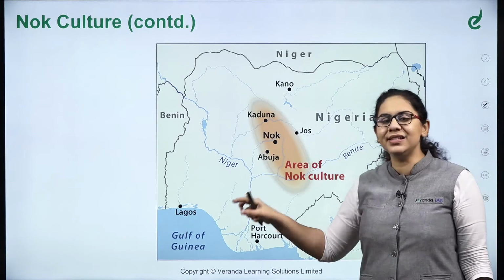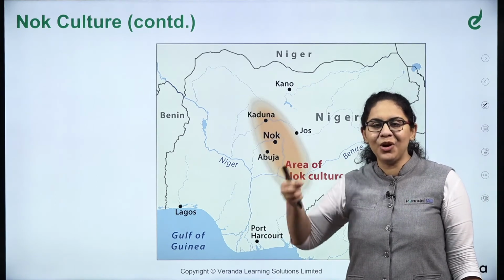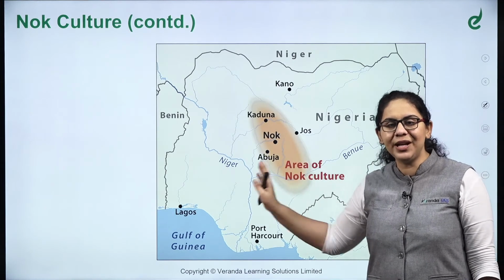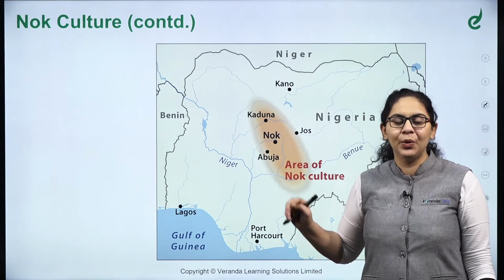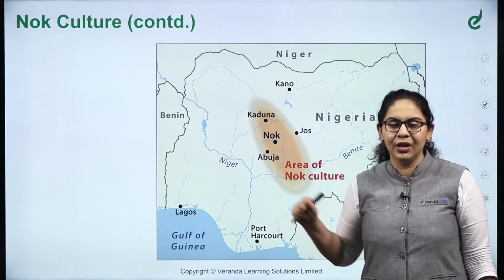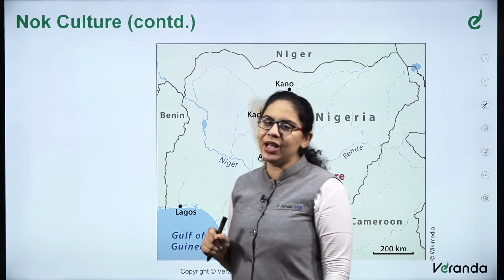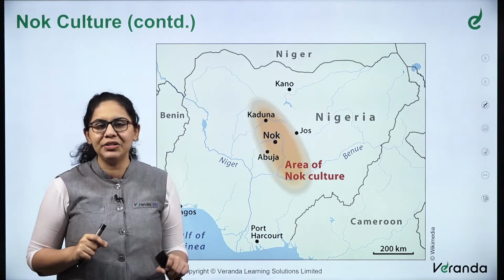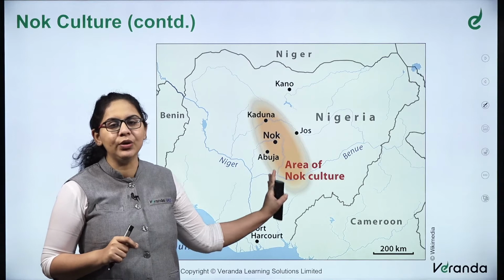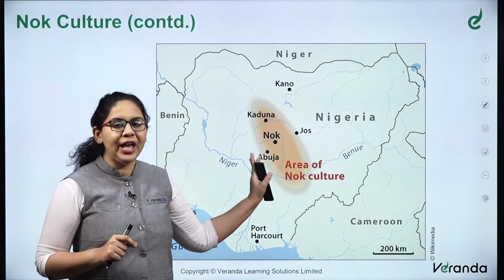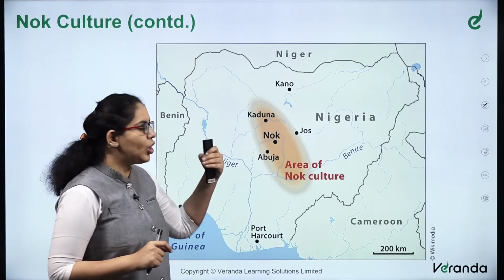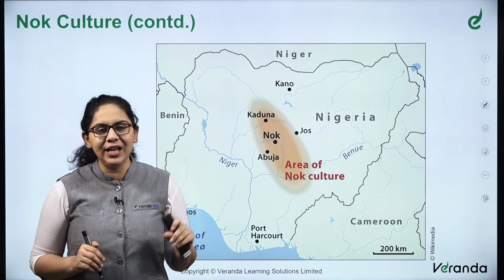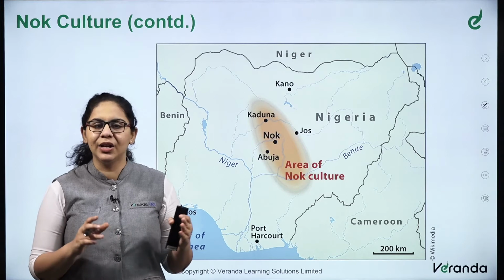Not only this, also one of the important trends which you would have noticed till now is that these settlements disappeared. We don't know the reason. The Indus Valley civilization of India, you know, was based on the river Indus. NOK culture, which we are studying here, was near the river Niger. We are not even aware of the reasons why NOK culture disappeared, why the Indus Valley civilization disappeared.